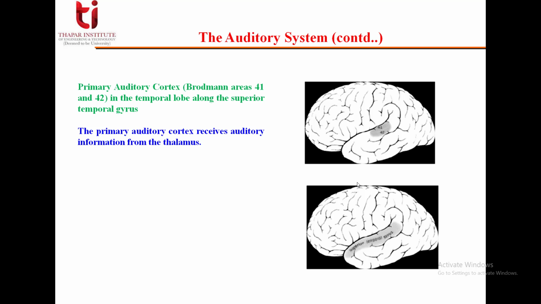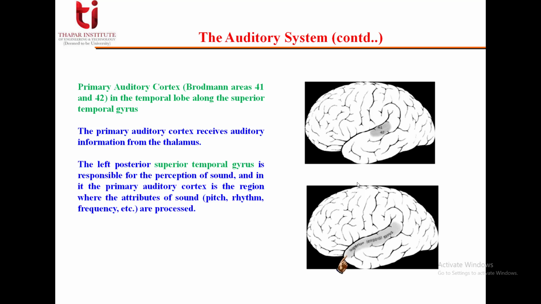The primary auditory cortex receives the auditory information from the thalamus, and the left posterior superior temporal gyrus is responsible for the perception of sound, and in it the primary auditory cortex is the region where the attributes of sound, mainly pitch, rhythm, frequency, etc. are processed.